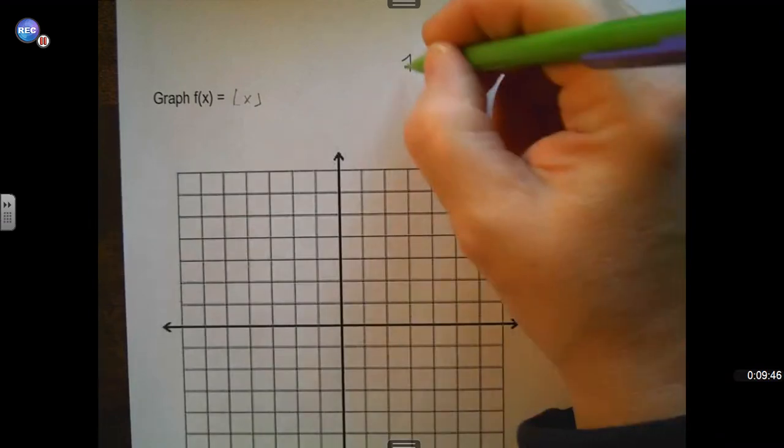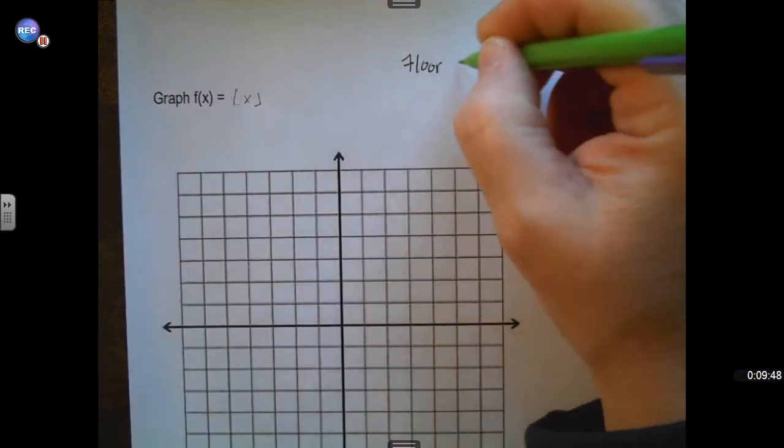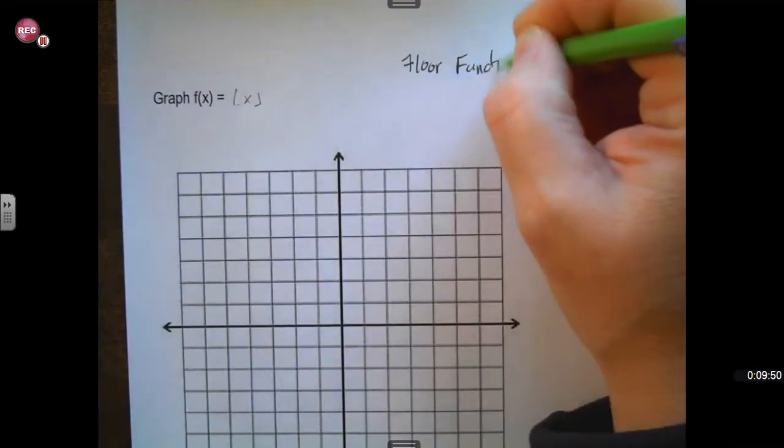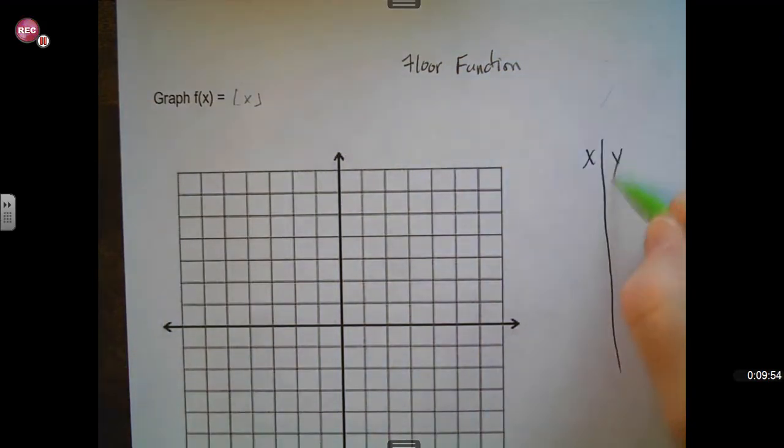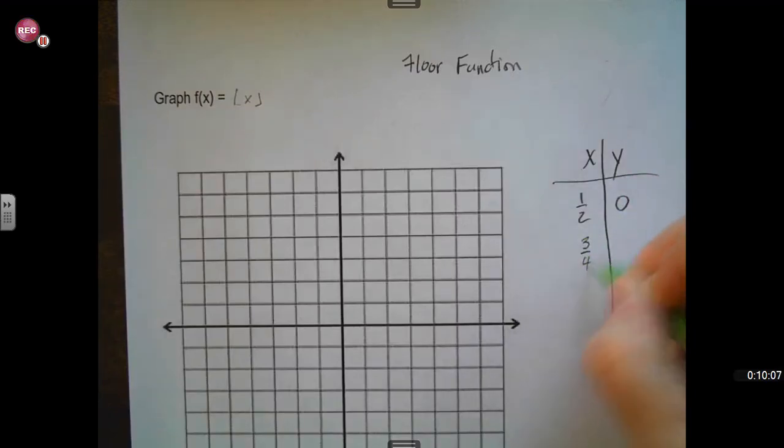This is the floor function. So if I put in 1/2, I go down now. What's the next integer down from 1/2? It's 0. If I put in 3/4, I get 0. If I put in 0, I get 0.